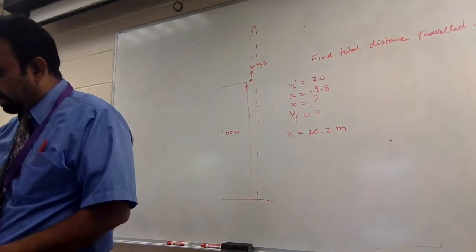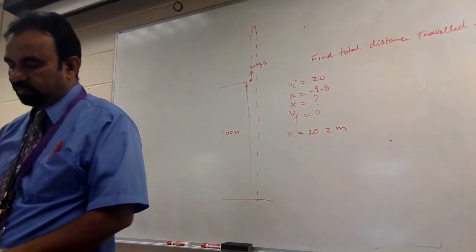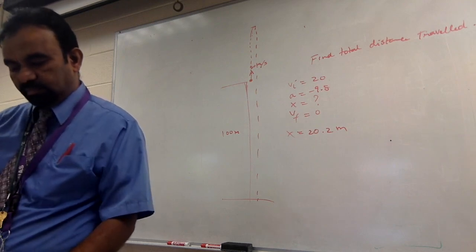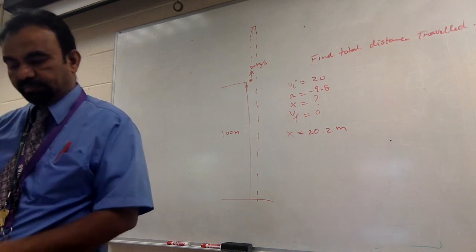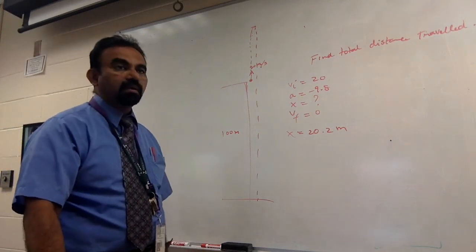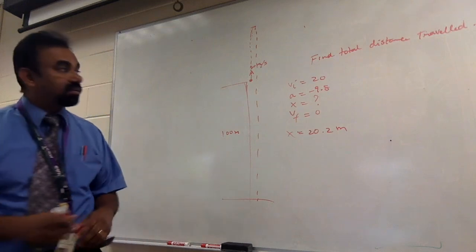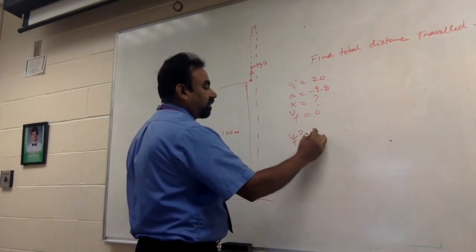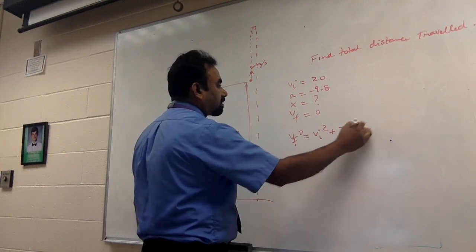With this much background information, you should find yourself going well. I don't know, somebody said 20.2, that's why I wrote it down. Okay, Vf squared is equal to Vi squared plus 2Ax.